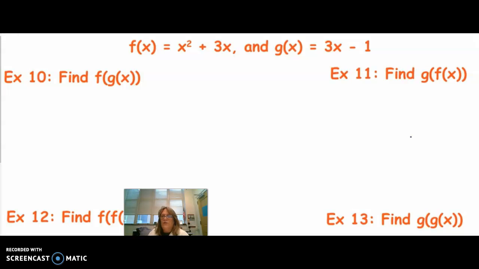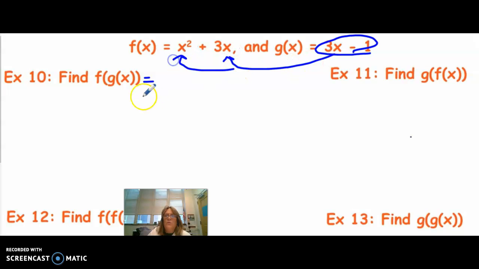All right, we've got 2 new equations, and for number 10, we're going to look at f composite g. So that means we're going to take the g equation and plug it into our f equation. So f of g means we take this and plug it in, and we happen to have 2 x's. We plug it in there twice.